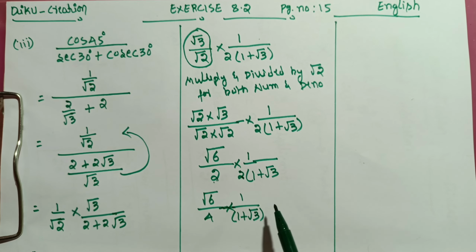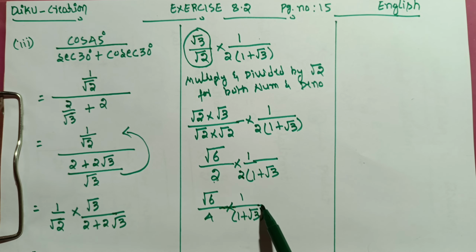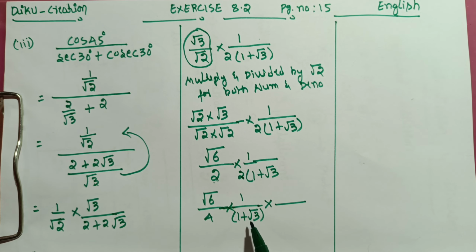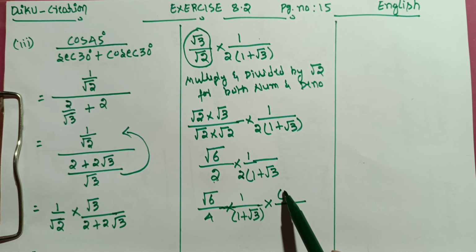So now, to simplify this number, I will do the rationalization. What is rationalization? You change the sign of this and write it for both the numerator as well as the denominator: 1 minus root 3. In between here it is plus.